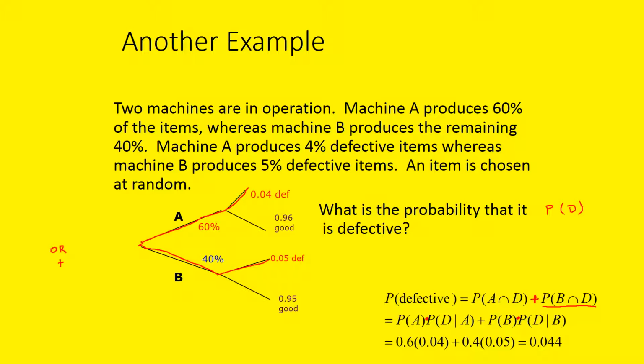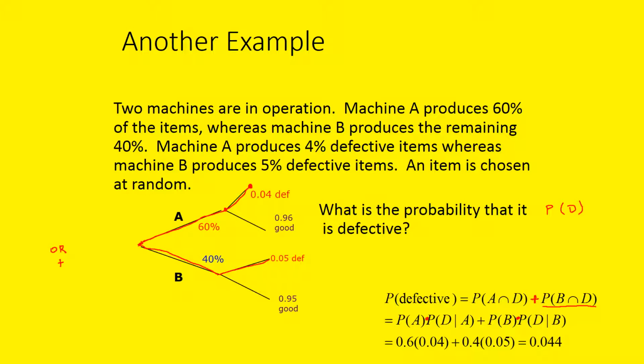So 0.6. And probability of D given A means the likelihood of being at this node right here. Now, think about that. Probability of D given A, that means that you have to clear the first hurdle of having been produced by machine A, and then at that point you have to go on and be defective.